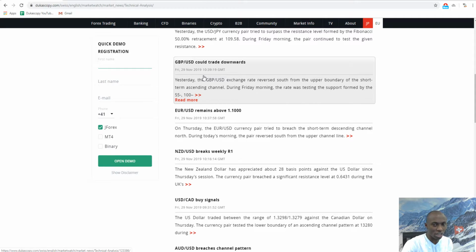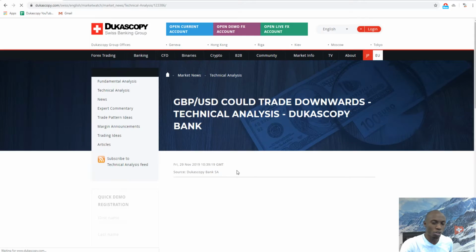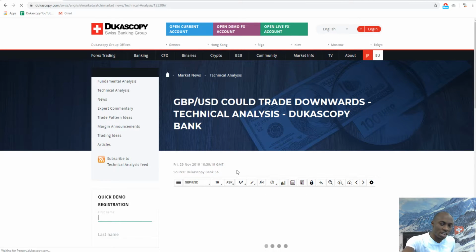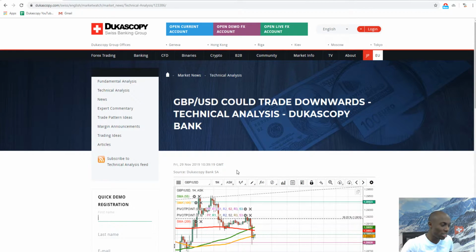And you can see the British pound USD could trade downward. This analyst already projected where she thinks the price will be going: could trade downward, so it's going to be declining. Then you might be looking for an opportunity to sell the market.